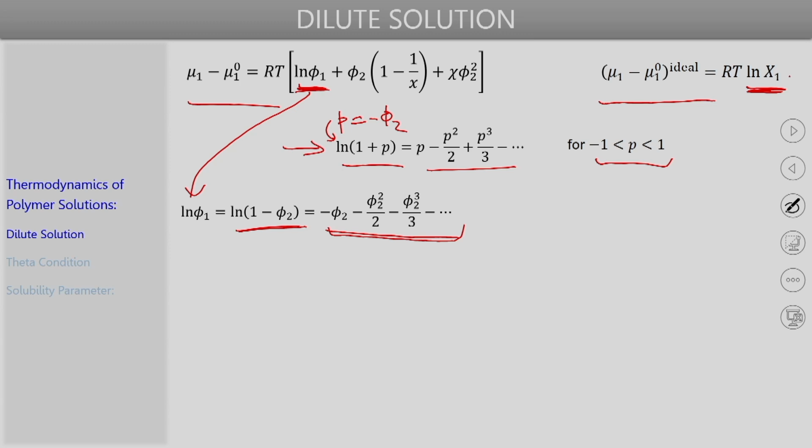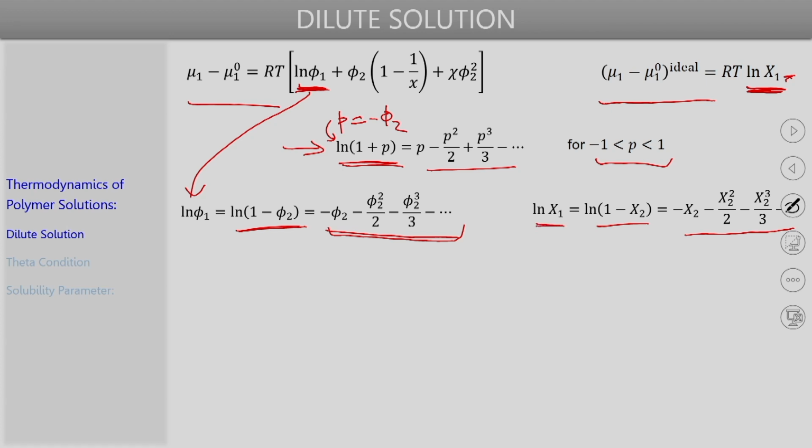Similarly, for the ln x1 term, x1 can be written as 1 minus x2. Again, by applying this same formula and replacing p by minus x2, we will get this infinite series representation of ln x1.